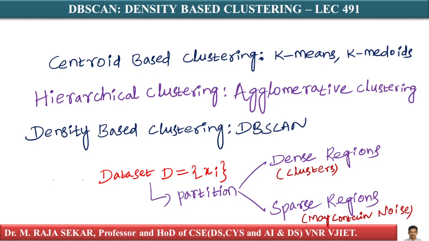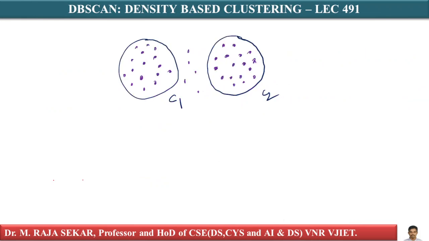So you might wonder, what does dense mean here? What does sparse mean here? Sparse intuitively means few points. Dense basically means that there are lots of points. Just observe, this is a dense region, isn't it?